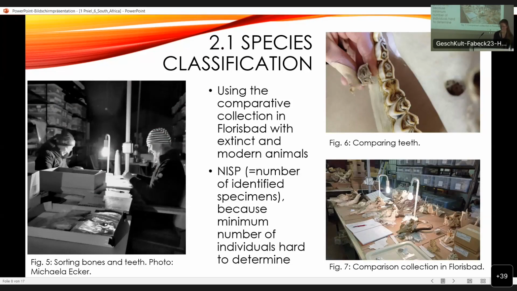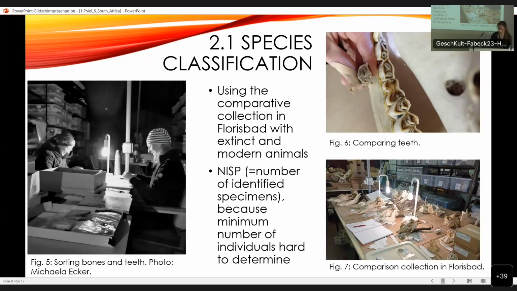First of all, we did a species classification using the comparative collection at Florisbad with extinct and modern animals, and we calculated the NISP numbers for the bones and teeth.